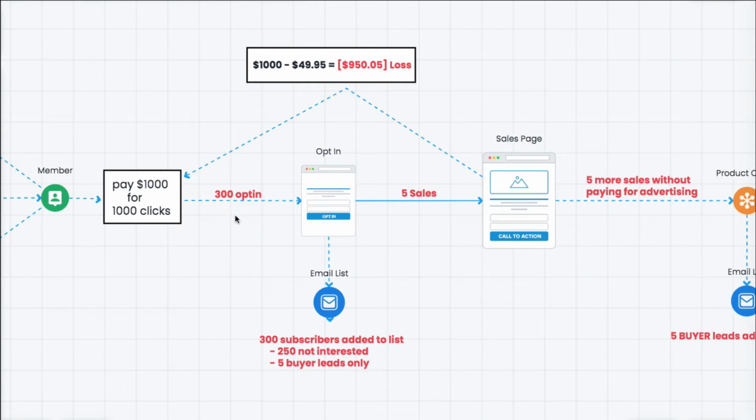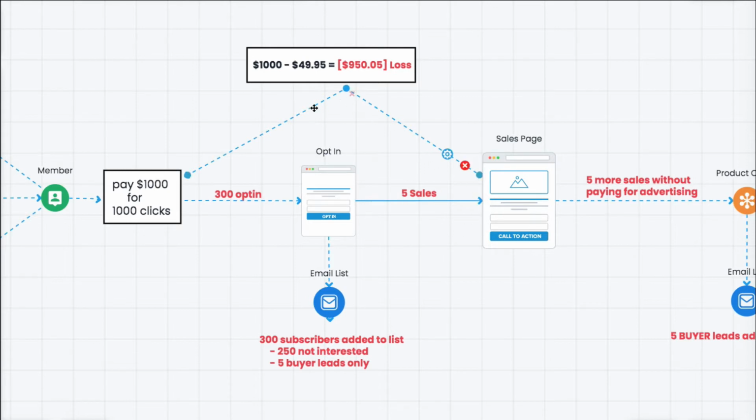So those 300 people who opt in get added to your email list. Now, out of those 300 people, let's say you get about 5 sales. I know that doesn't seem like a lot, but again, this is about the industry average. So you make 5 sales that cost $9.99. That was the front end price, okay?